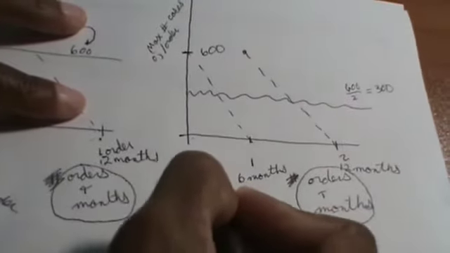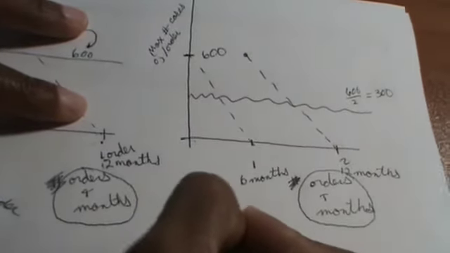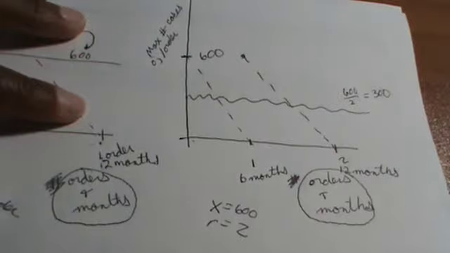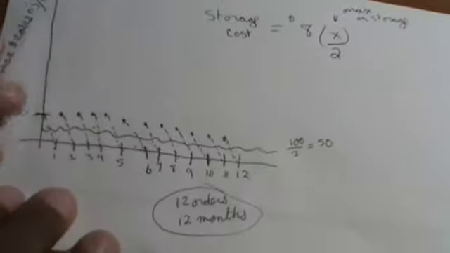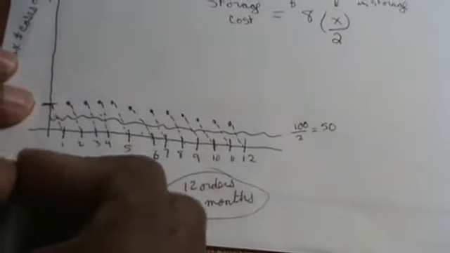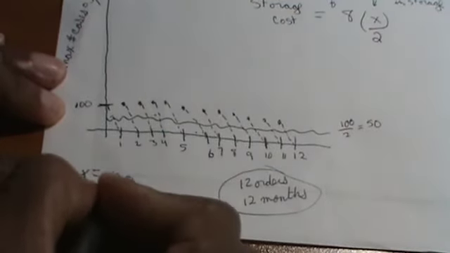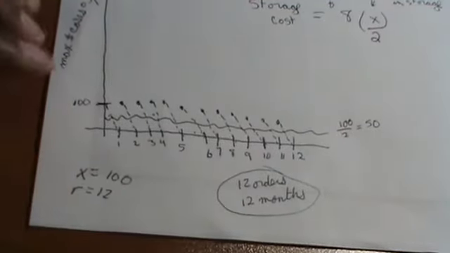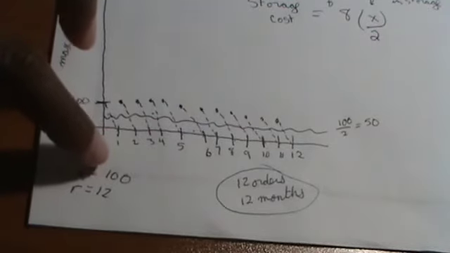So X equals 600, 600 at a time, and you've got 2 orders over the course of a year. Here, notice the number of items in storage is 100 cases of orange juice, and you've made 12 orders.